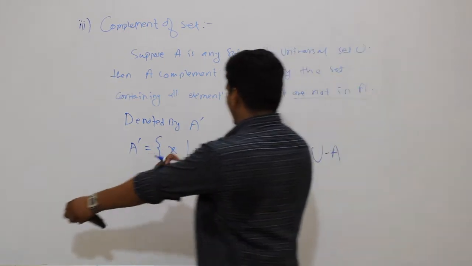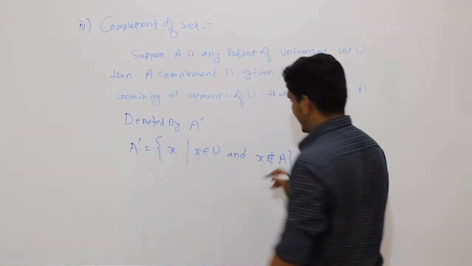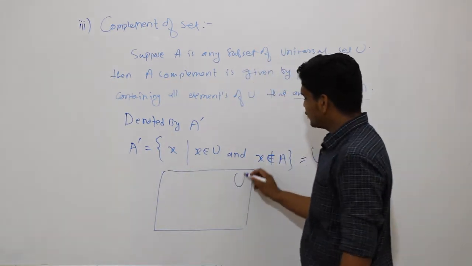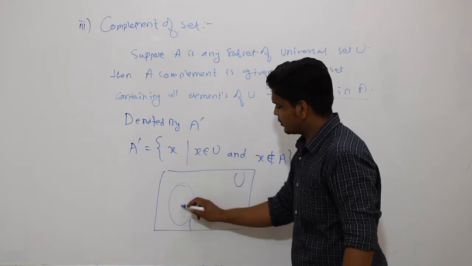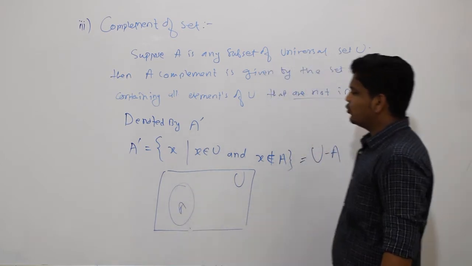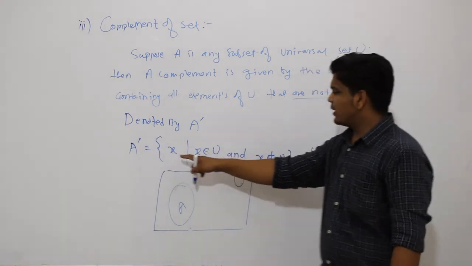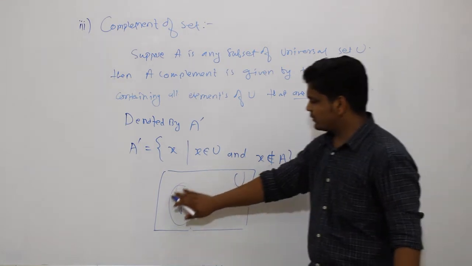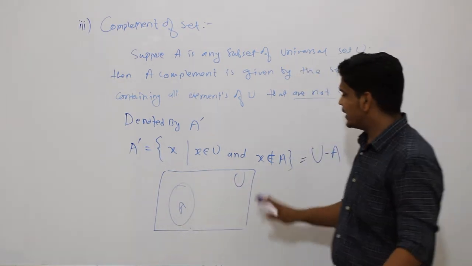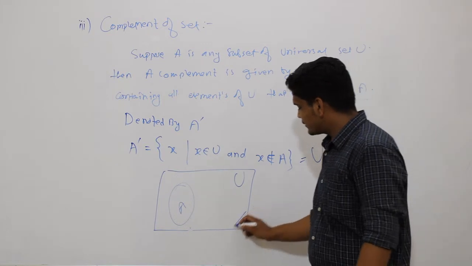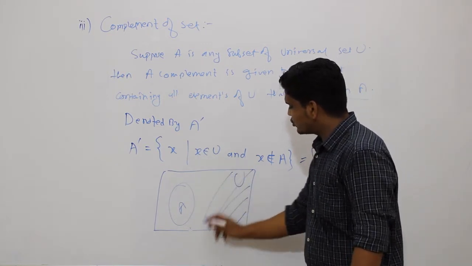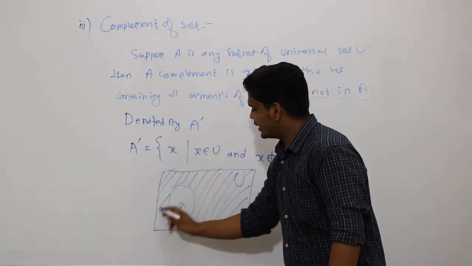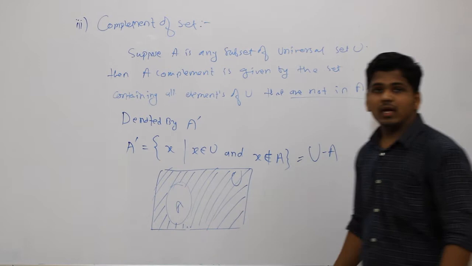Okay. Now here I will take our Venn diagram, suppose this is my Venn diagram. This is my U set and this is my A set. Now what does your definition say? Your A dash is nothing but all elements from U that are not in A. A में जो भी element आएंगे वो हम consider नहीं करेंगे, बाकी के सभी universe के elements consider करेंगे. मतलब ये सारे elements मुझे A complement में दिख रहे हैं, but I will not consider the elements from A. Okay, this has become your A complement.